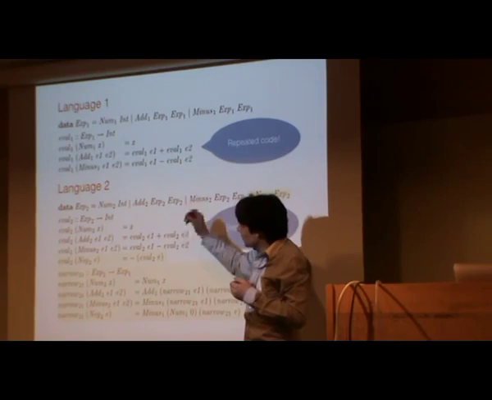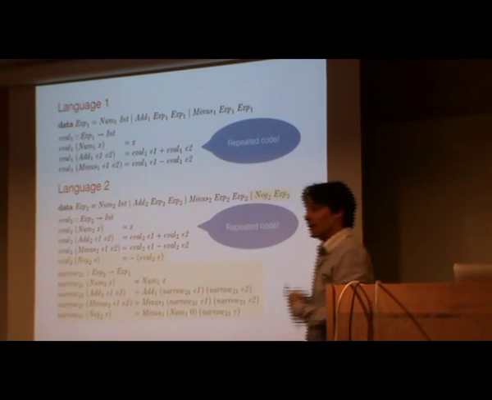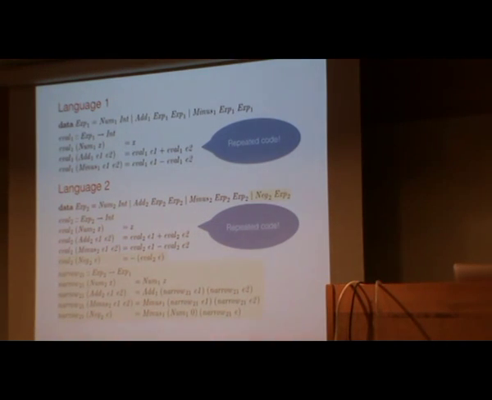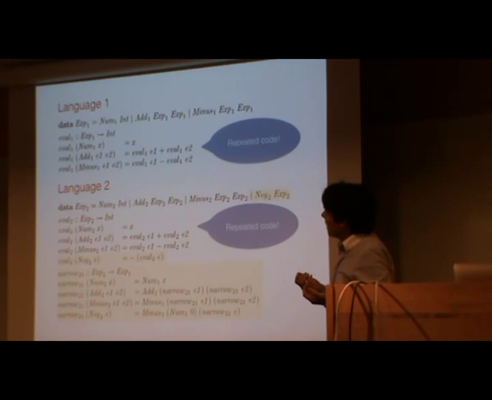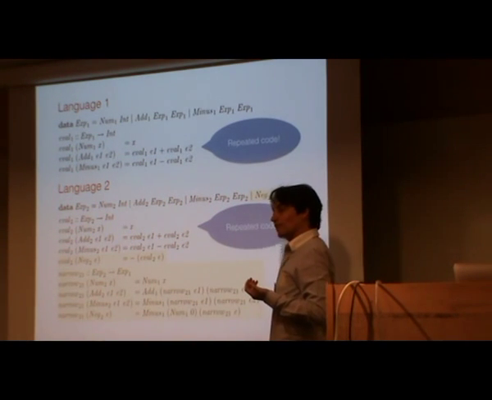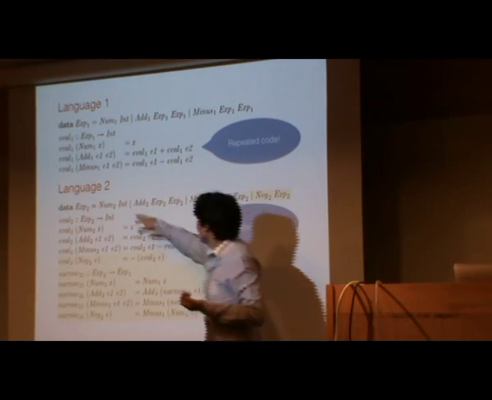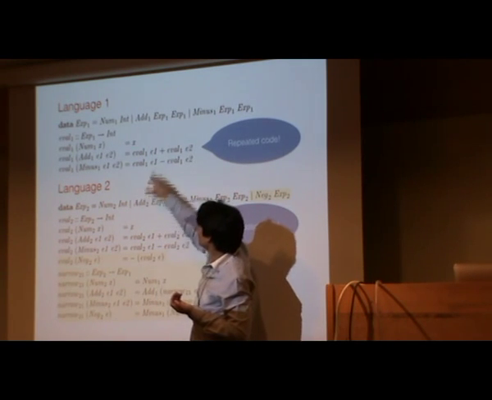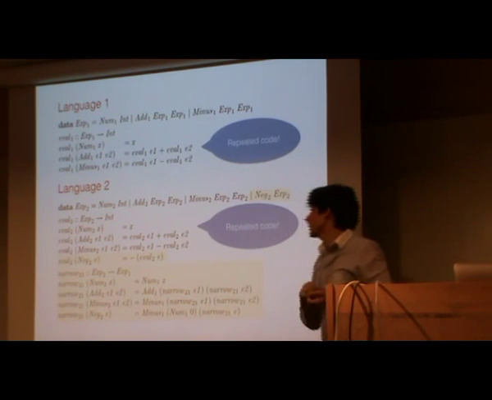And the code is almost the same, except that this one here has a few more cases. Eventually, you start seeing that you need to repeat a lot of similar code. This one has numbers, that one has numbers, this one has addition, that one has addition, and so on.